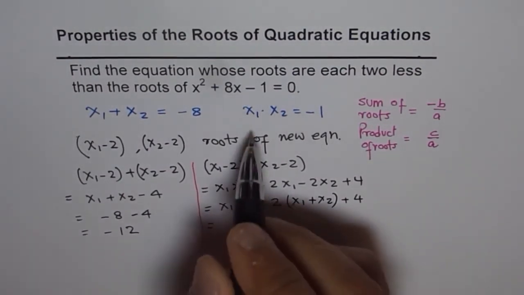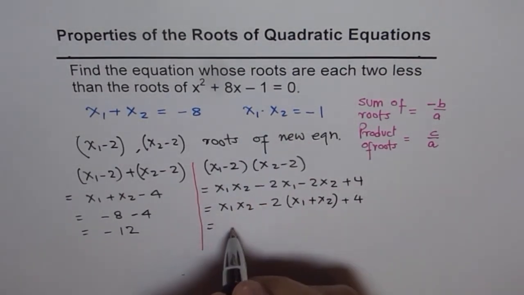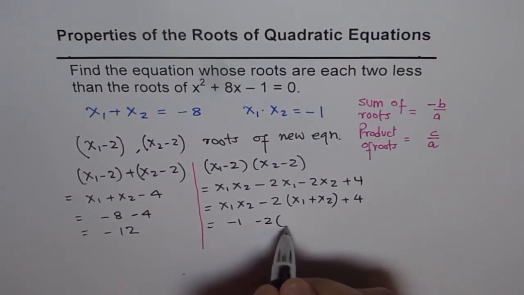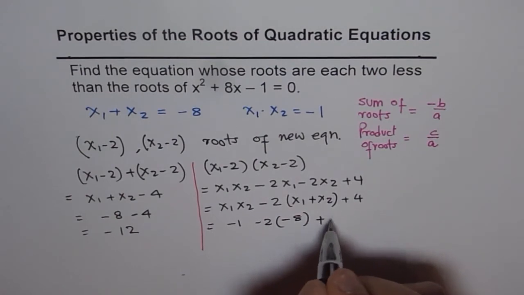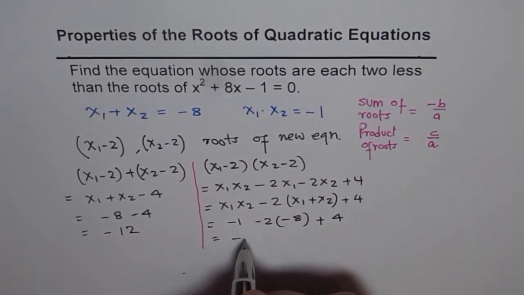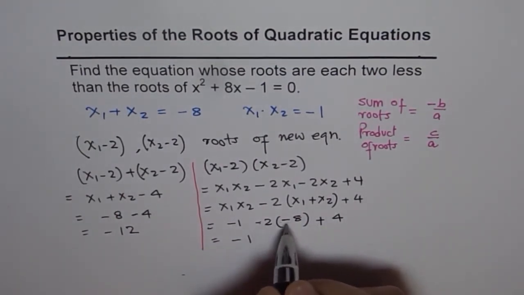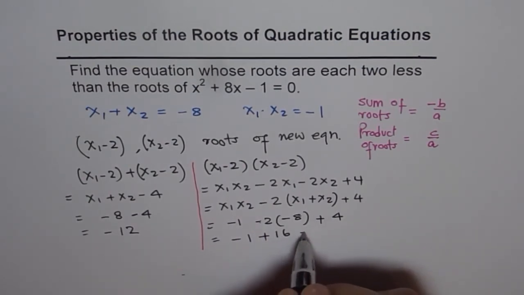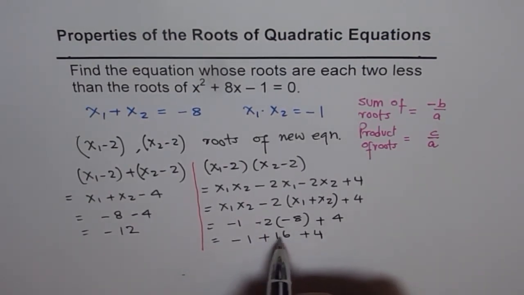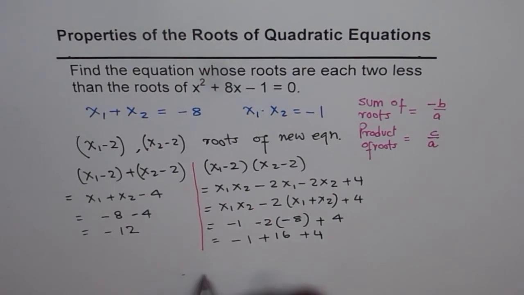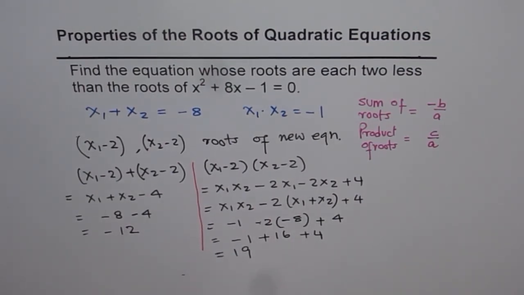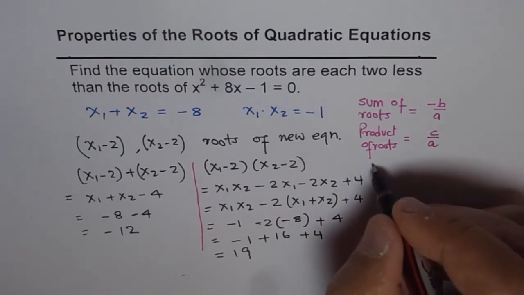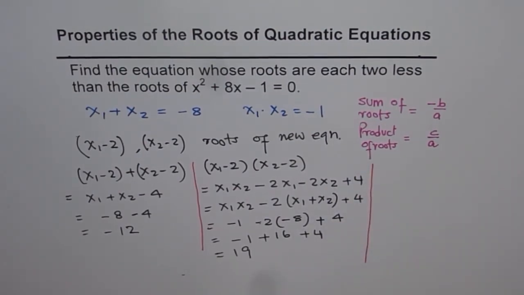And now we know what x1 x2 is. x1 x2 is minus 1, minus 2 times the sum of these roots, which is minus 8, plus 4. That gives us minus 1, minus and minus is plus, so plus 16 plus 4. 16 plus 4 is 20 and take away 1 is 19. So we know that the product of roots is 19.